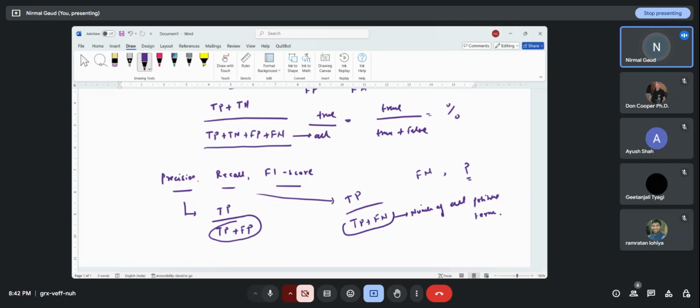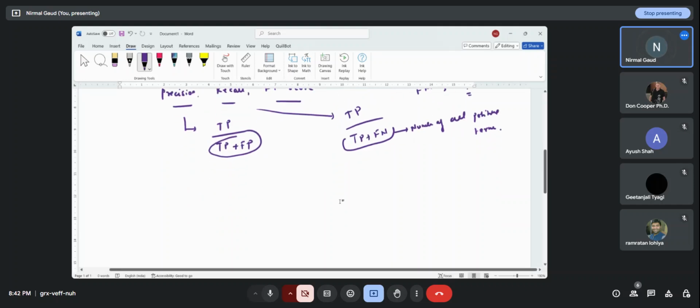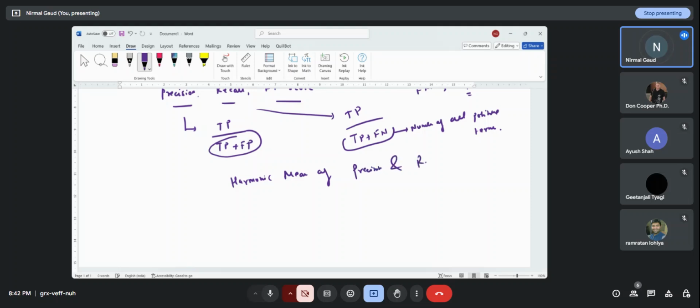But recall means the total number of positive terms, all the positive terms, in the denominator, and in the numerator it is still TP. F1 score is the harmonic mean of precision and recall.